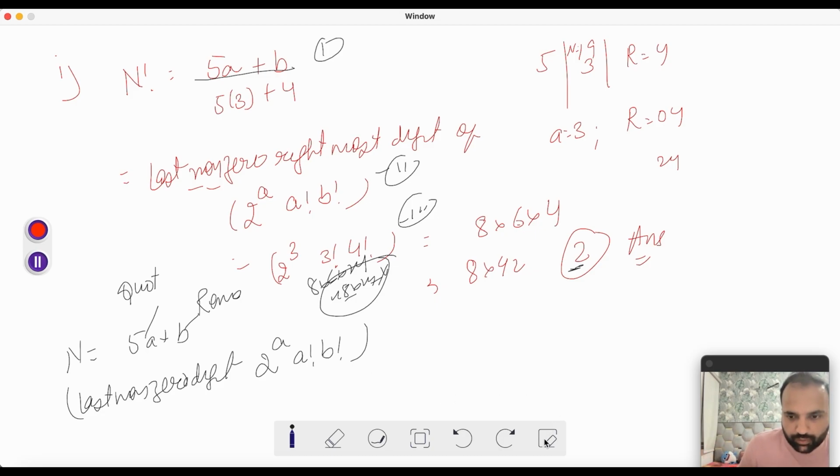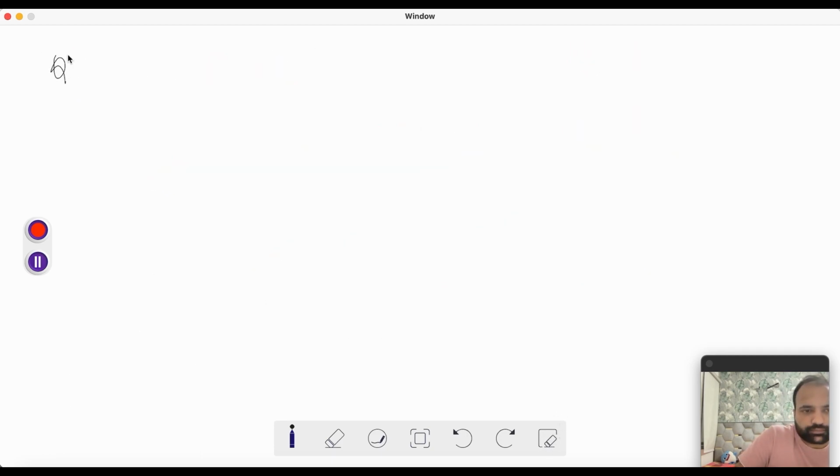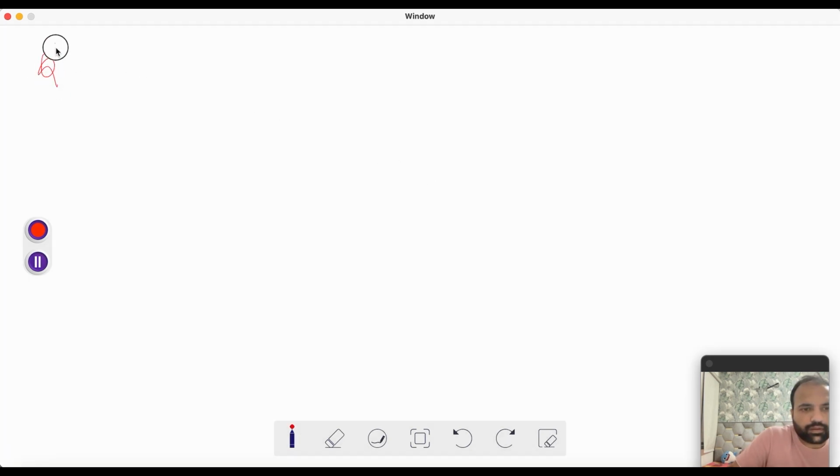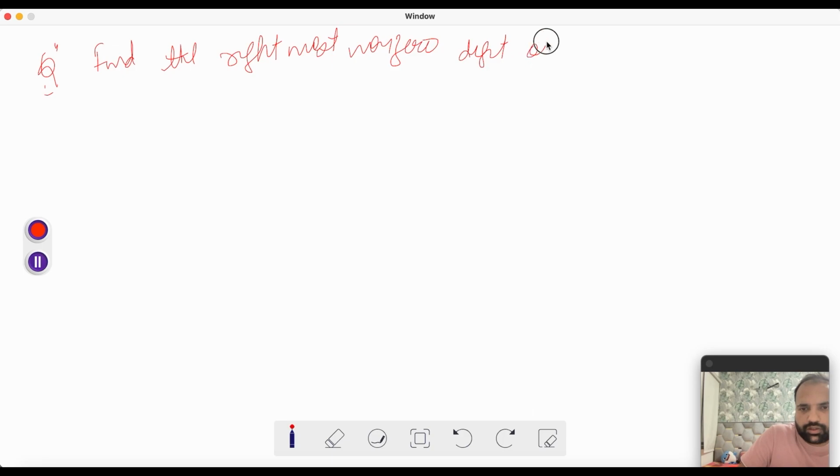Okay, we'll do another question. Let's say find the rightmost non-zero digit of any number you can take, let's say 27 factorial.